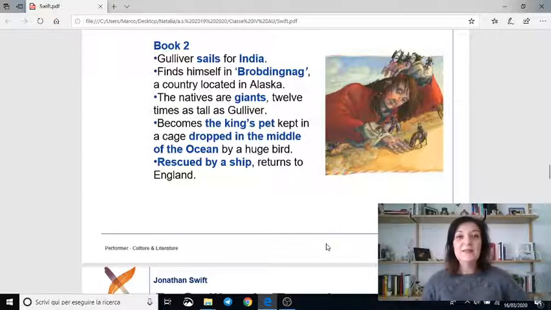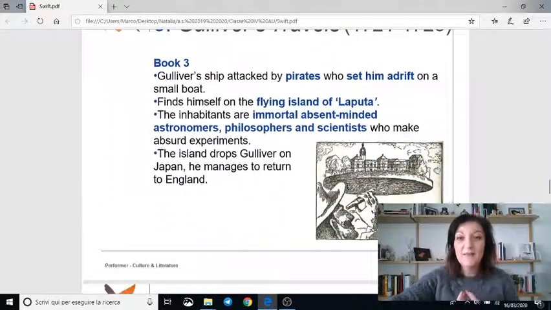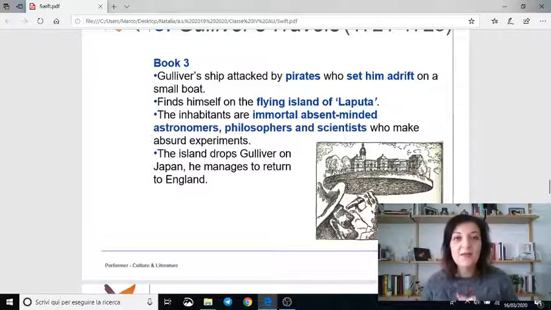Then he manages to leave the land of Brobdingnag, and he is rescued by a ship, and he manages to return to England. Then in book 3 there is the account of Lemuel Gulliver's travels to a lot of strange islands.